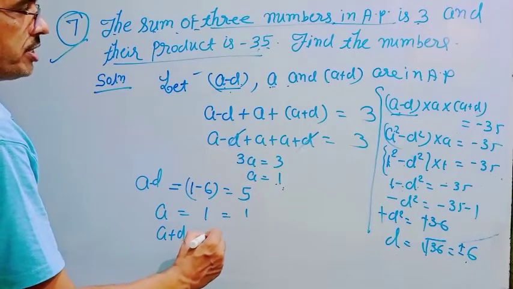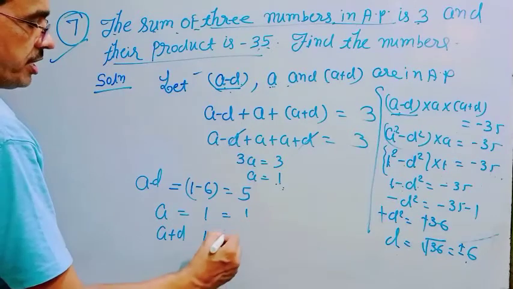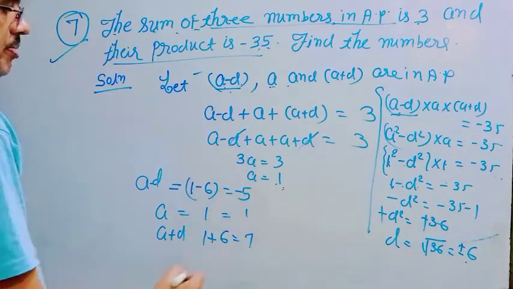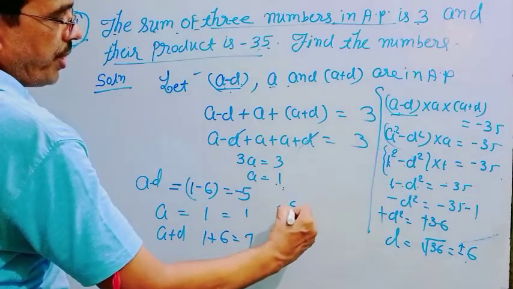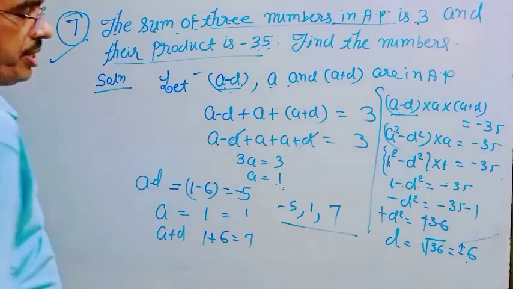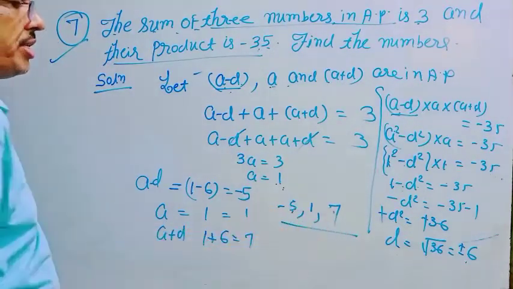Then a is 1 and d is 6, that is 7. So 1 − 6 is −5, next is 1, another is 7. First number is −5, second number is 1, and third number is 7.